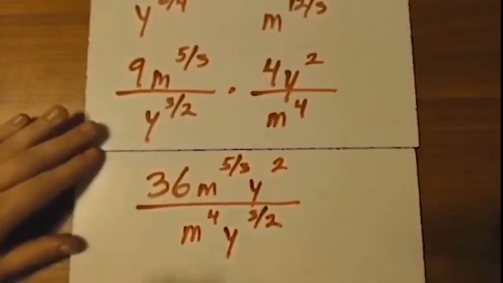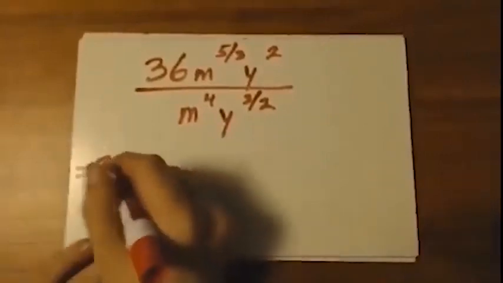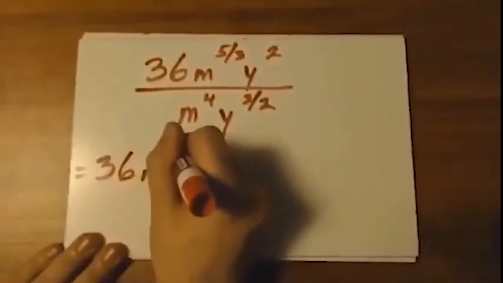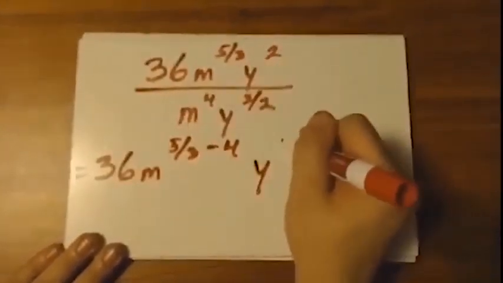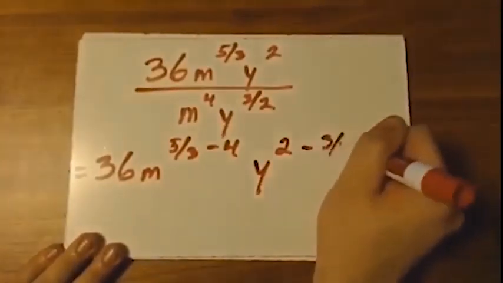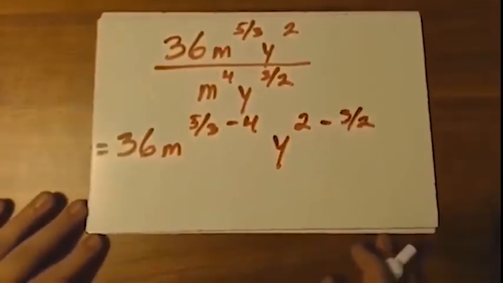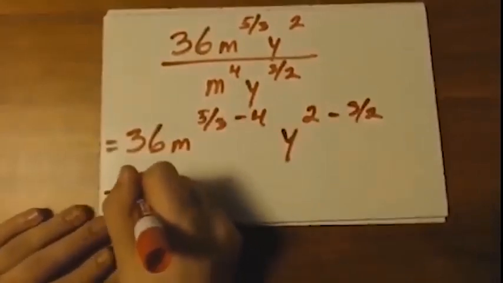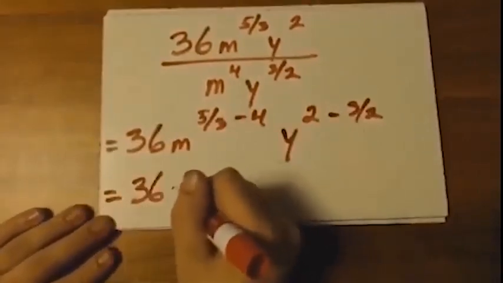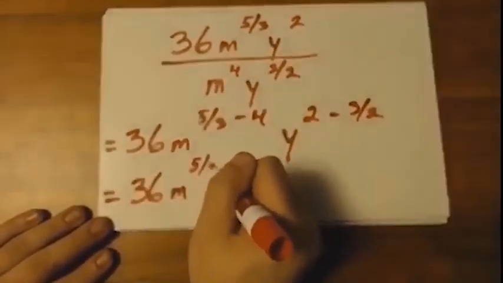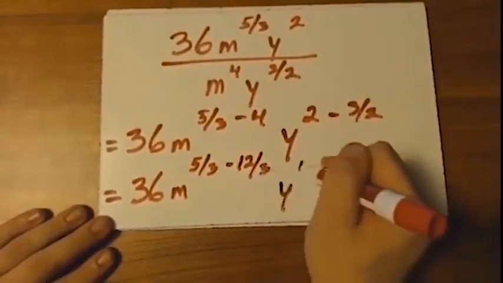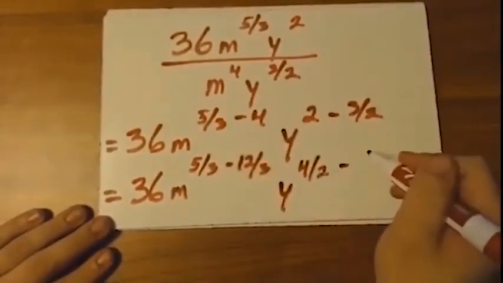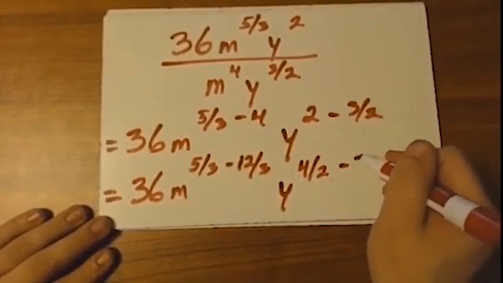So using the power rule, we have 36 m to the 5/3 minus 4, top minus bottom, y to the 2 minus 3/2. We need a common denominator to do this subtraction. 5/3 minus 12/3. 4/2 minus 3/2.